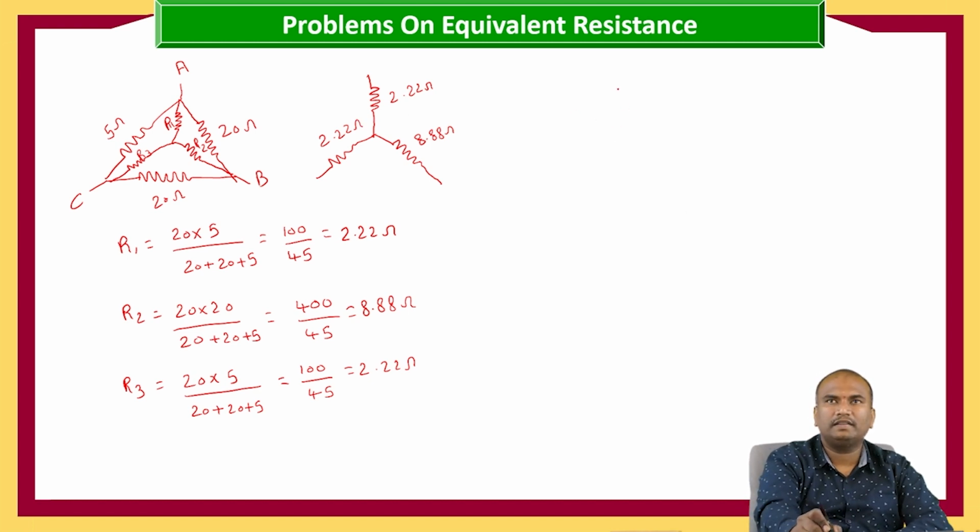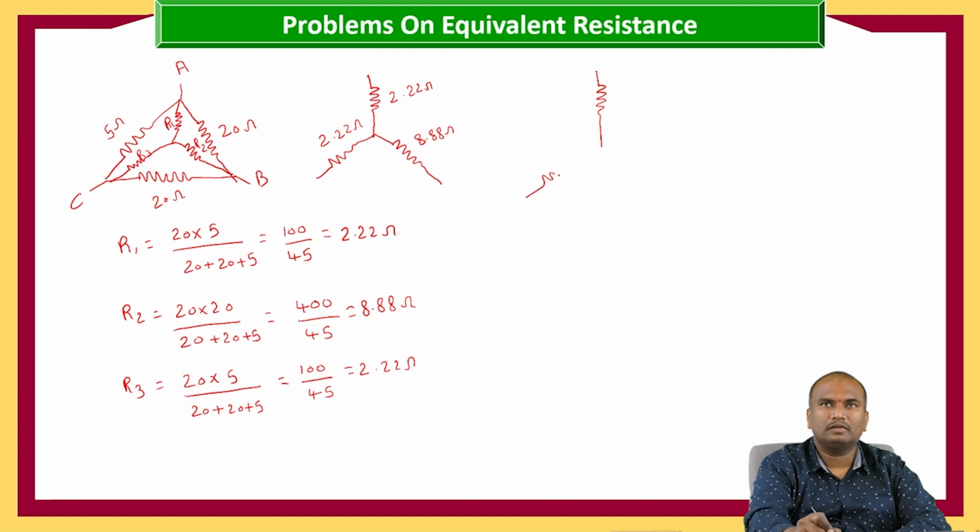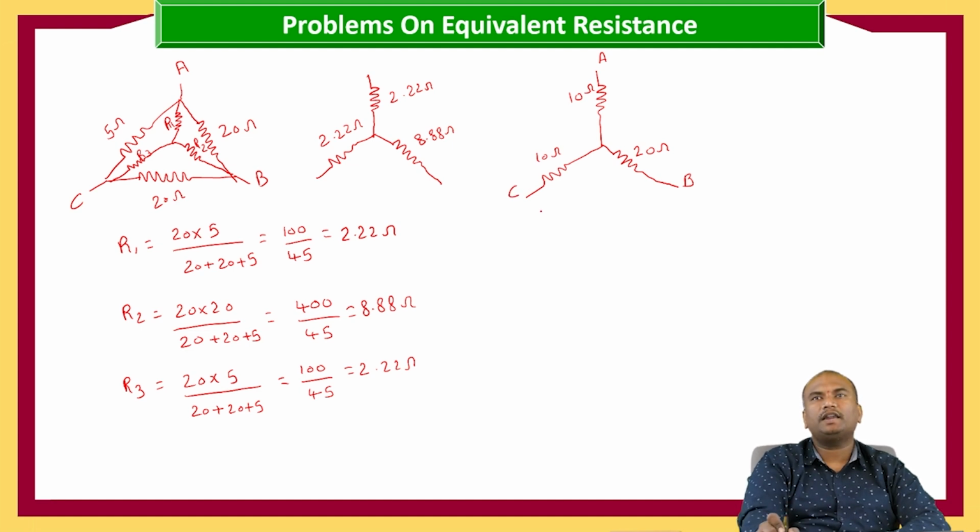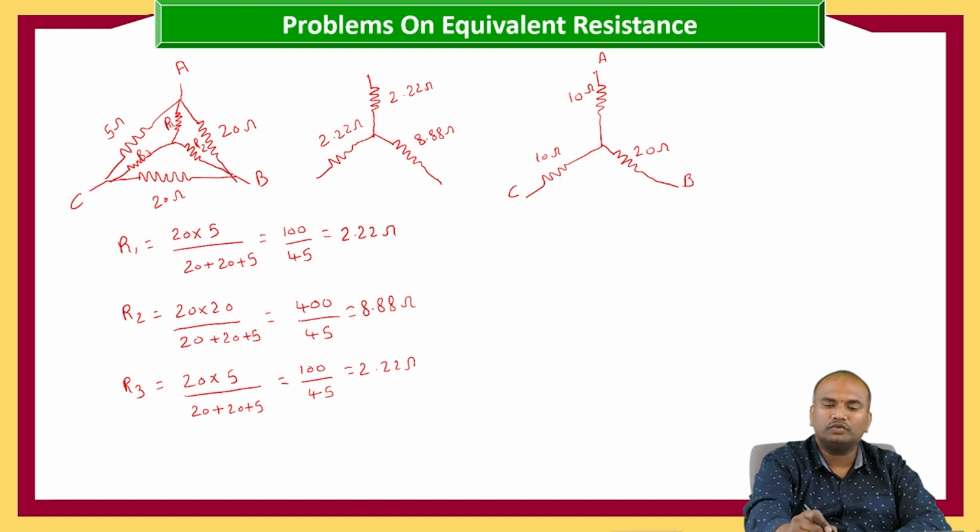Now, let us take the star values and calculate the delta values. 10 ohms, 20 ohms, 10 ohms, at A, B, C. So these delta values will be drawn between the nodes.